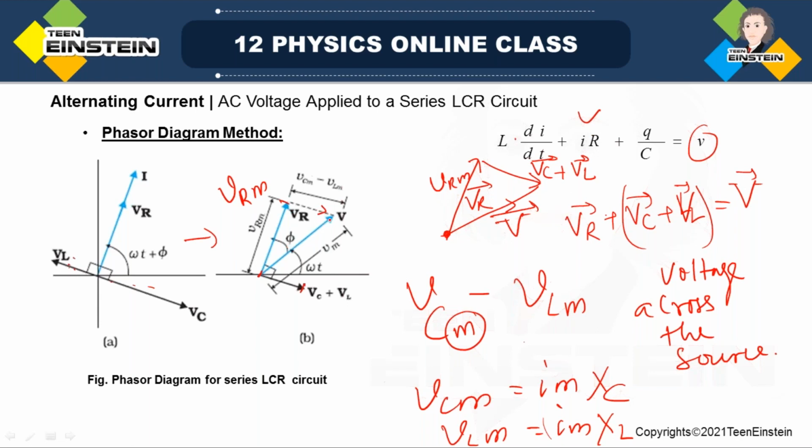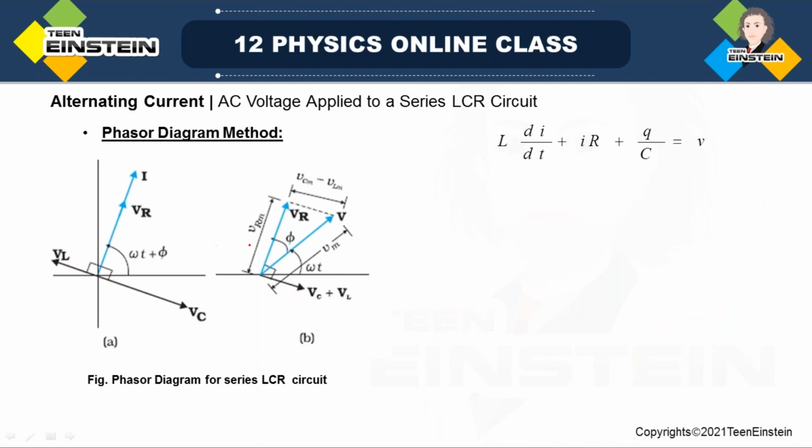From the triangular rule, V is the resultant vector. You have the VC plus VL vector and the VR vector, and if you sum them up, you get the hypotenuse of the triangle, which is actually the source voltage.